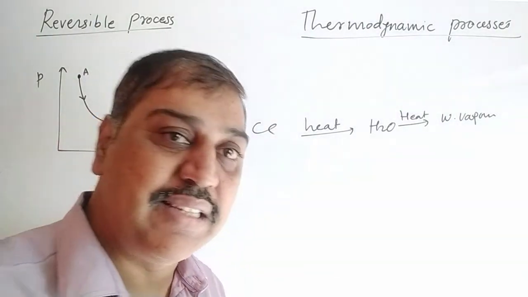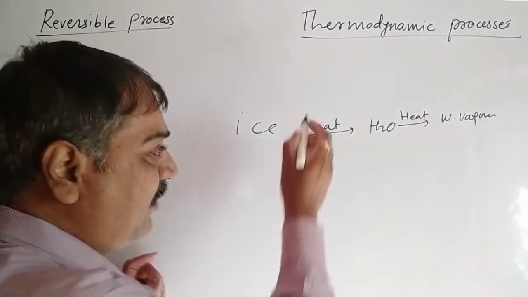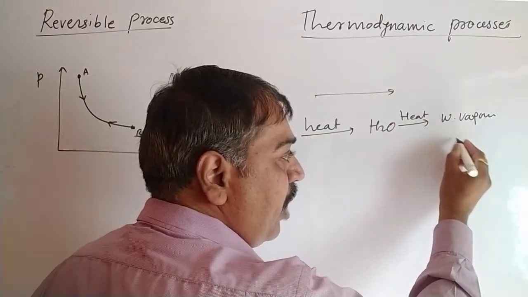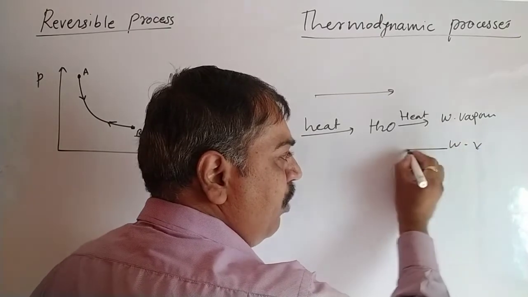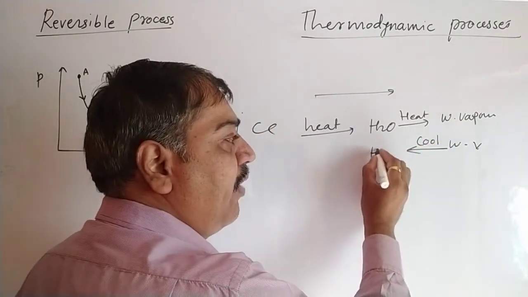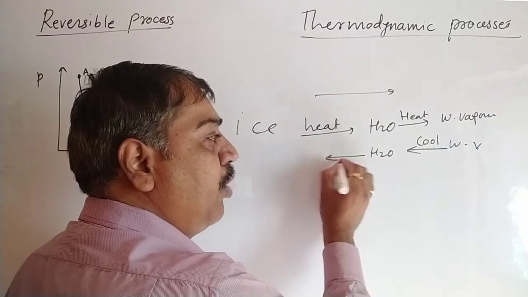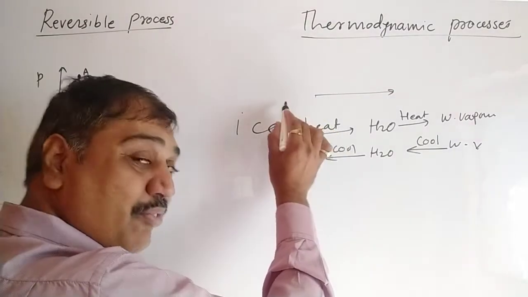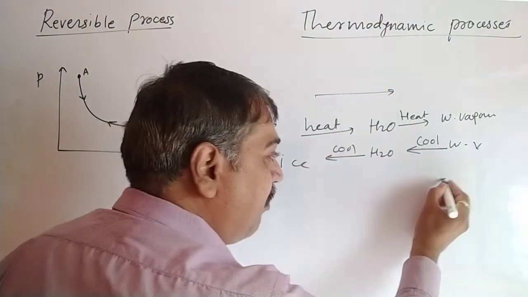This is the forward reaction. If you come in reverse order, if we cool the water vapor instead of heating it, it gets converted into water. If we cool the water, it gets converted into ice. So the process goes from left to right as well as from right to left.